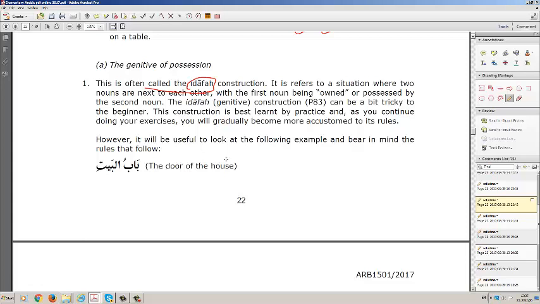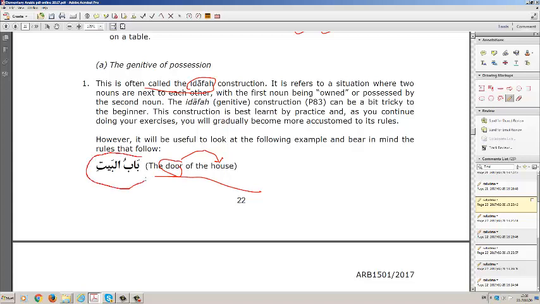If we say the house's door, or the door of the house, here we mean the door belongs to the house. Now in Arabic, the way we say this sentence, the door of the house, is by putting the two nouns, door and house, next to each other.